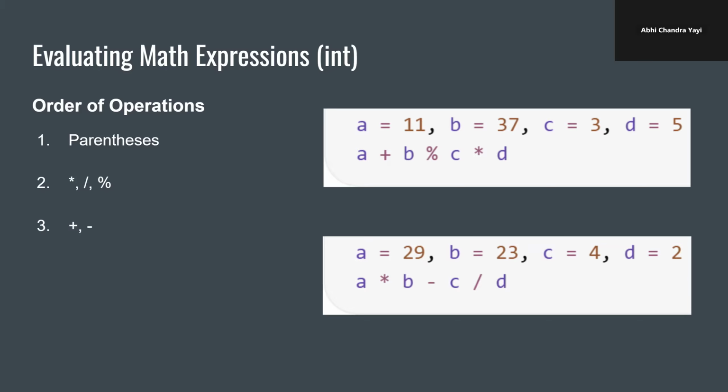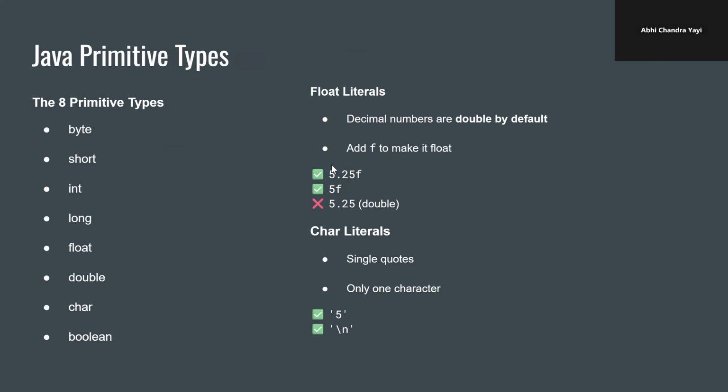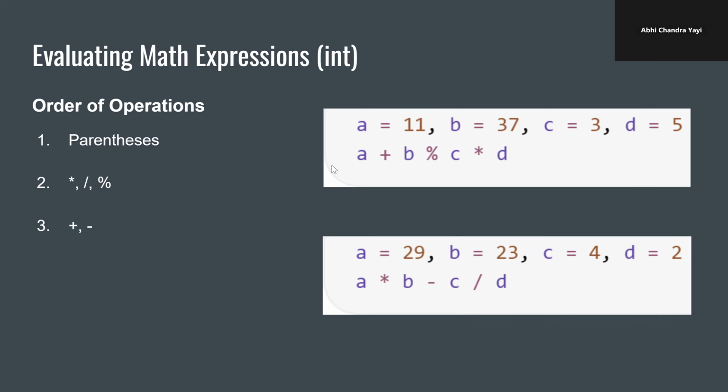Yes, the answer is 16. So in the first expression, a plus b modulus c times d, first we evaluate the modulus, then we multiply and then we add. So after you do it in that order, the answer is going to be 16.